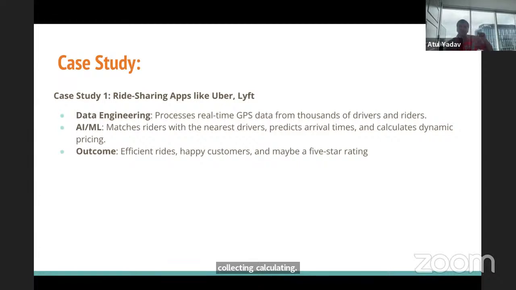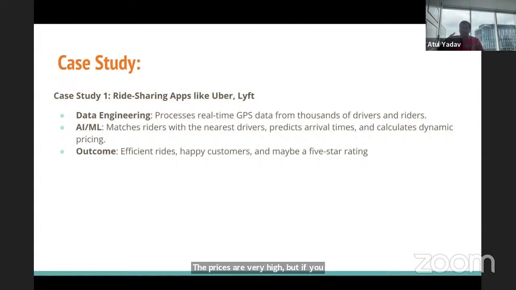Like in the peak times, you have noticed, the prices are high, or in normal times the prices are less. If you talk about the Bangalore traffic, in the evening you hire a cab, Ola cab or Uber, the prices are very high. But if you go in the afternoon, the prices are less.